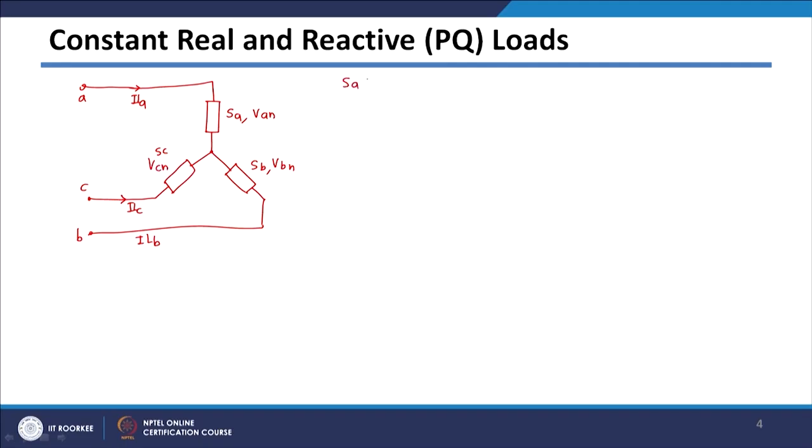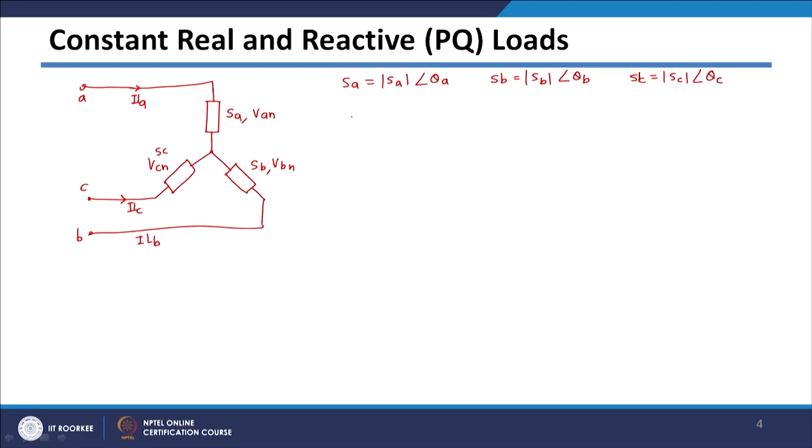Since it is a complex load, SA will have magnitude SA and some angle theta A. Then SB will have magnitude SB and angle theta B. They may actually be unbalanced loads, so all the thetas as well as the magnitudes may differ. Then SC will have magnitude SC and angle theta C.